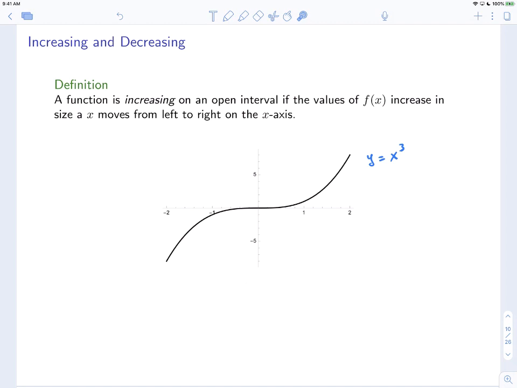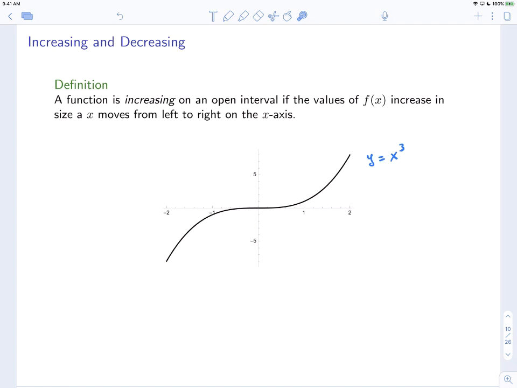And y is also getting larger as we go from left to right because y is increasing in size. So on the left side, over here, you can see that the output value is negative, and the output value y just gets larger and larger as x gets larger and larger.